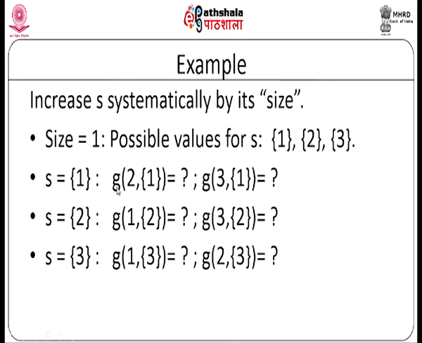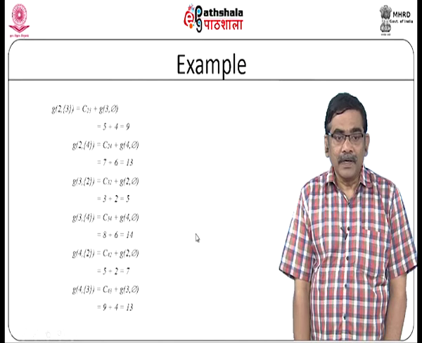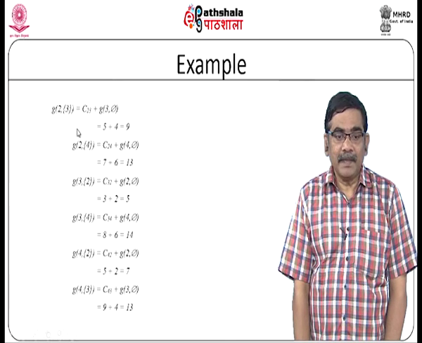Therefore, if S is going to be of size 1, then we have to find g of 2 comma {3}, then g of 3 comma {2}, and like that. So, in other words, it becomes like this.